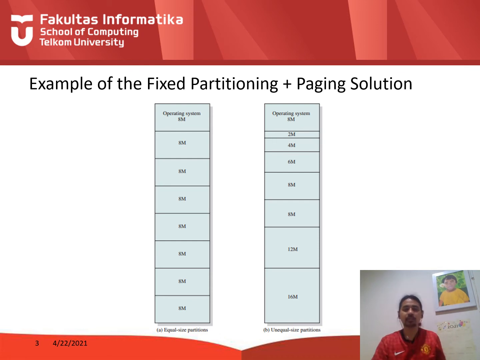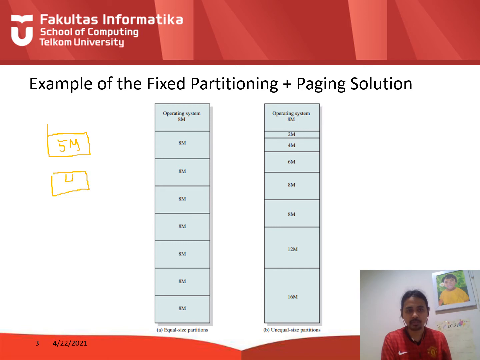Yeah, so we are back in our example of fixed partitioning, which before had the problem of internal fragmentation, but here we have a solution that is paging. How does it work? For example, like we said earlier, we have a process with the size of 5 mega, and another one with the size of 4 mega.